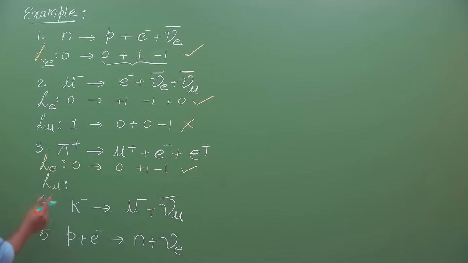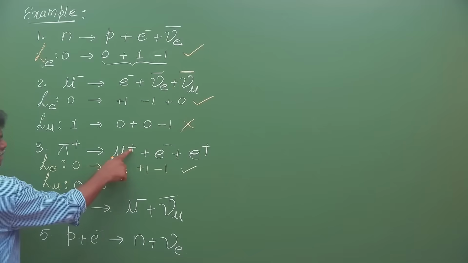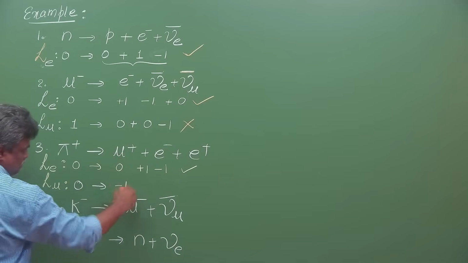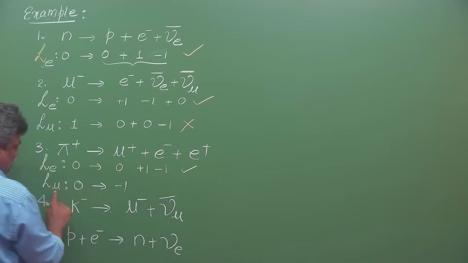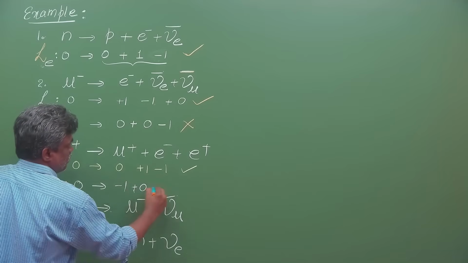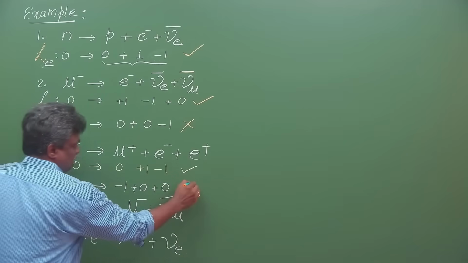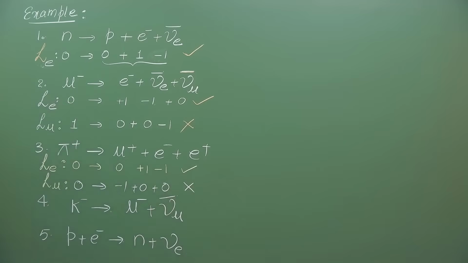Yes. L mu, still if anybody does not understand, just question yourself, is it a lepton? No. Next, it's a lepton, mu family, particle, antiparticle. Next, electron. So what is the L mu? 0. What is L mu? This side, this side. Okay or not okay? Right.